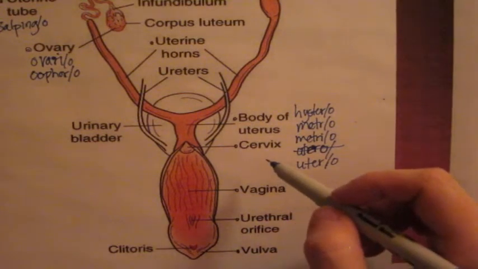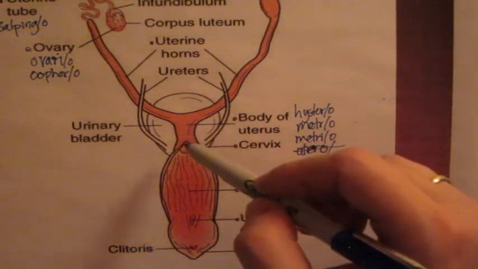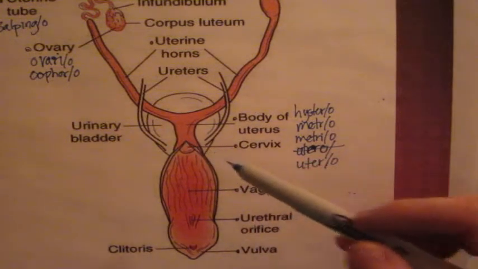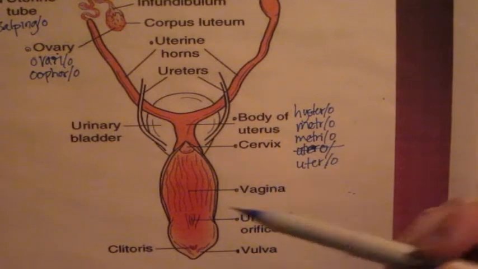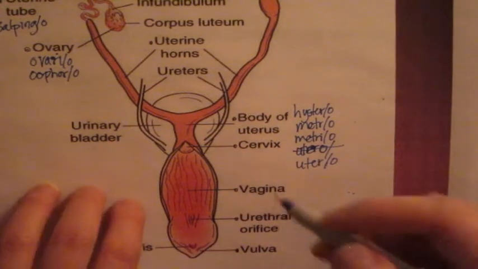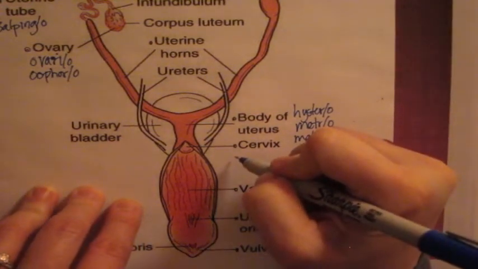Then we have the cervix. Coming back down through the body, we got the cervix. Cervix is the caudal continuation of the uterus and the cranial continuation of the vagina. Cervix's combining form is cervico.